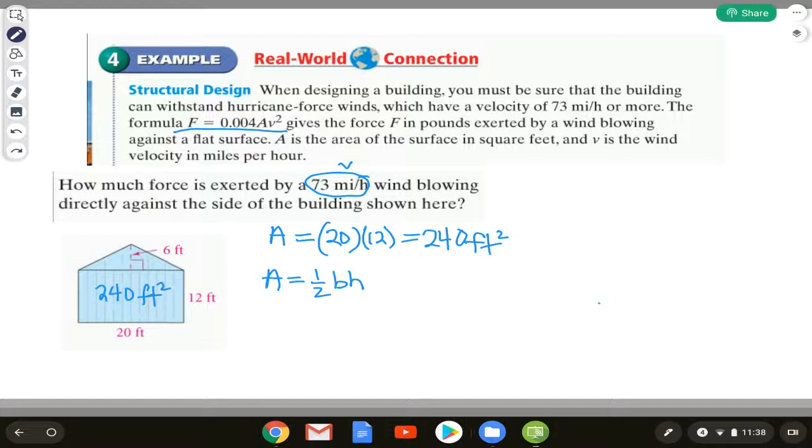That's my altitude. The base is this side, which I know is 20 feet because that's a rectangle on the wall underneath. So this is going to be 1/2 times 20 times 6. 1/2 of 20 is 10, and 10 times 6 is 60 square feet.